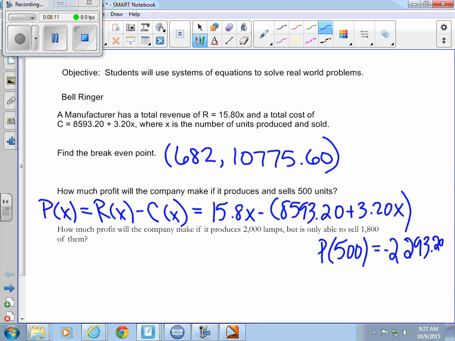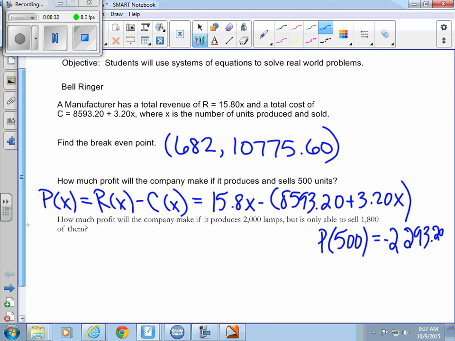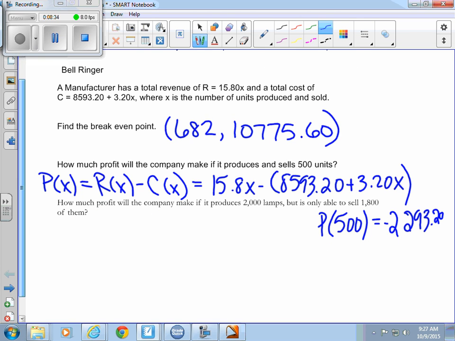How much profit will the company make if it produces 2,000 lamps, but it's only able to sell 1,800? So this is an interesting question. It makes 2,000 lamps, but it only sells 1,800 of them. So would you agree the cost here will be of 2,000?